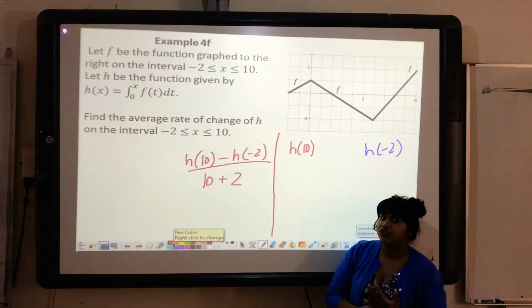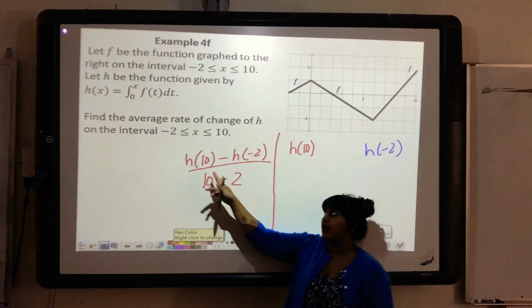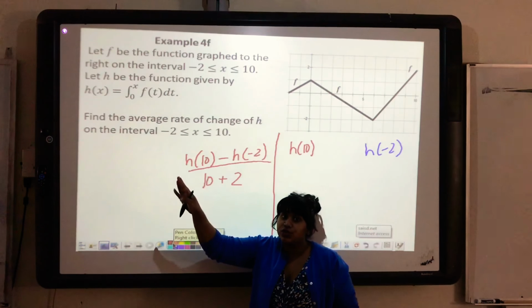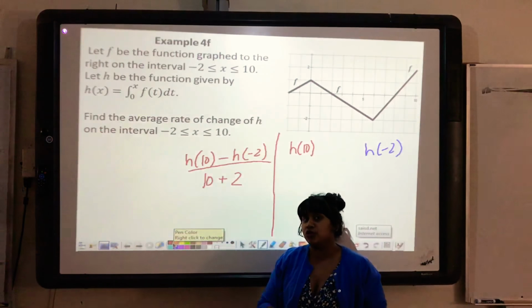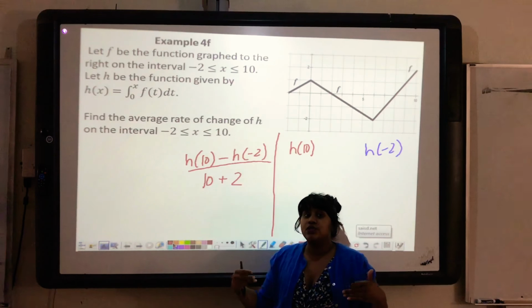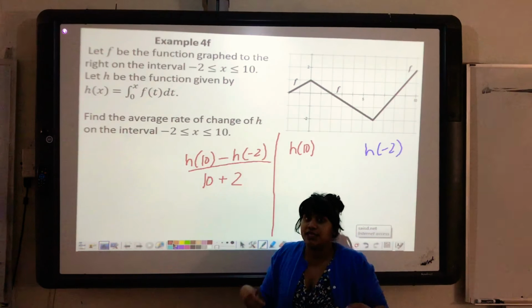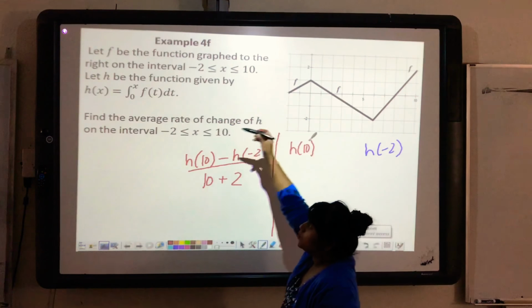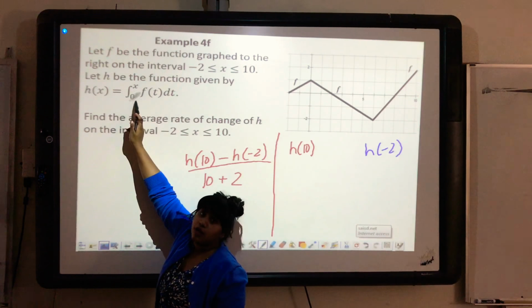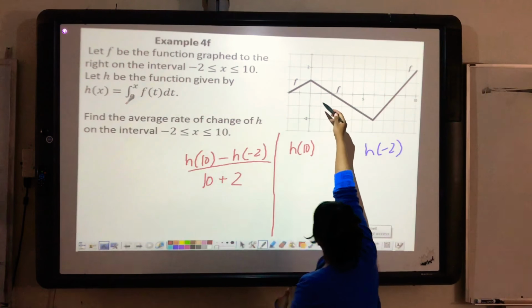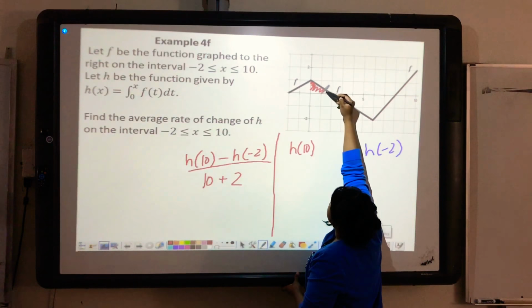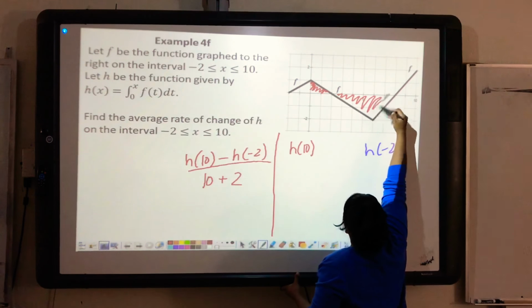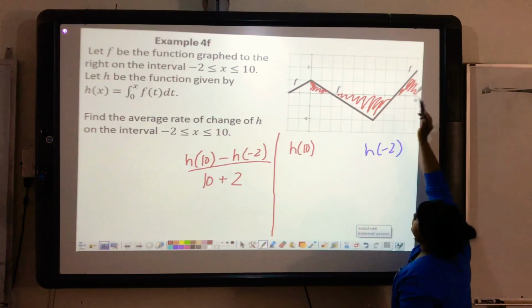Well, how do I figure those out? Well, we saw that in question 4a. How did we figure out what h of 2 was? What did we use? Not h prime of 2, not h double prime of 2, h of 2. We used the integral, and the integral is just my area. So let's figure out area under the curve. 10, well, what's my starting value? 0, that's given to us. So from 0 to 10, let's figure out our shapes. There's one, there's another, there's another.